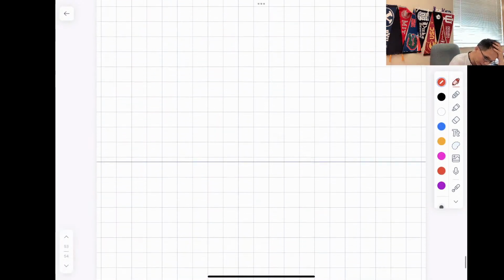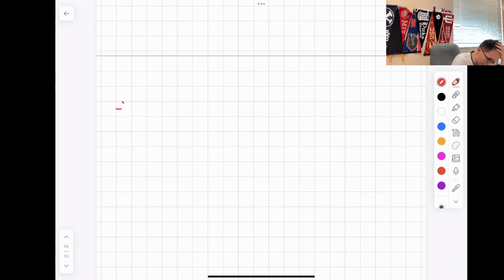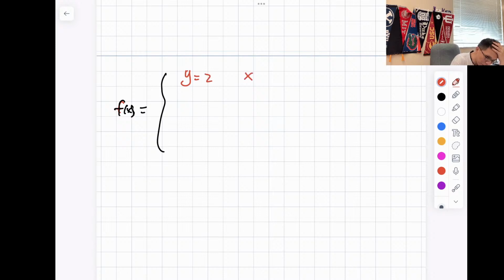So first thing, I'm going to give you f of x equal to a much bigger function. I'm going to start with the red function: y is equal to 2 when x is greater than 5.